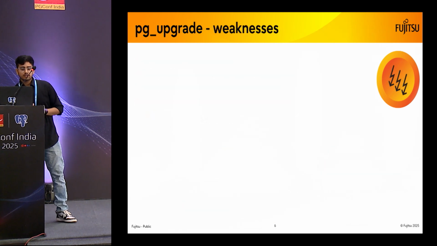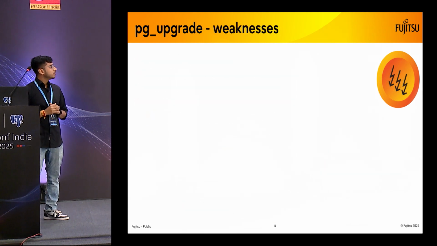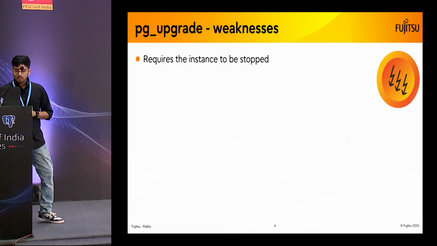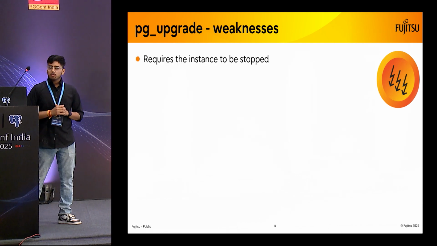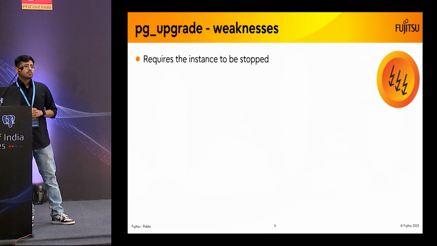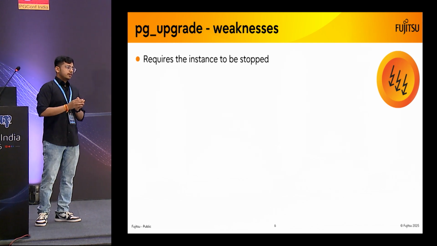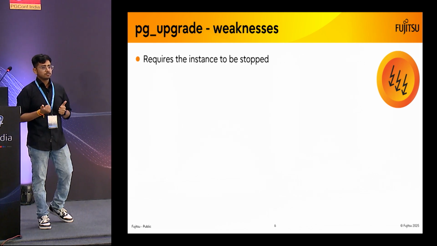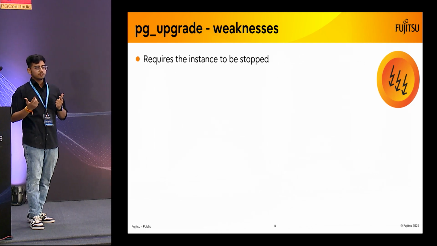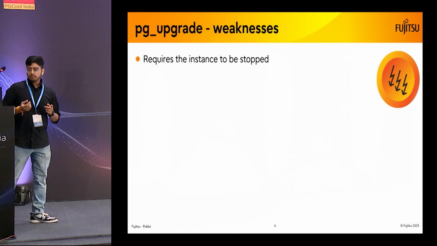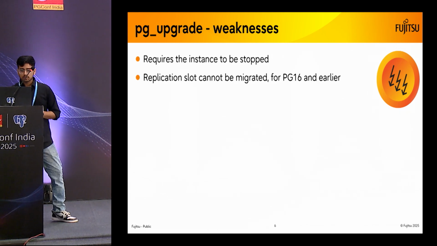Next, let's discuss the weaknesses of pg_upgrade. pg_upgrade requires the instance to be stopped, because while upgrading we do not want users to interfere with commands, or processes like autovacuum to interfere during this process.